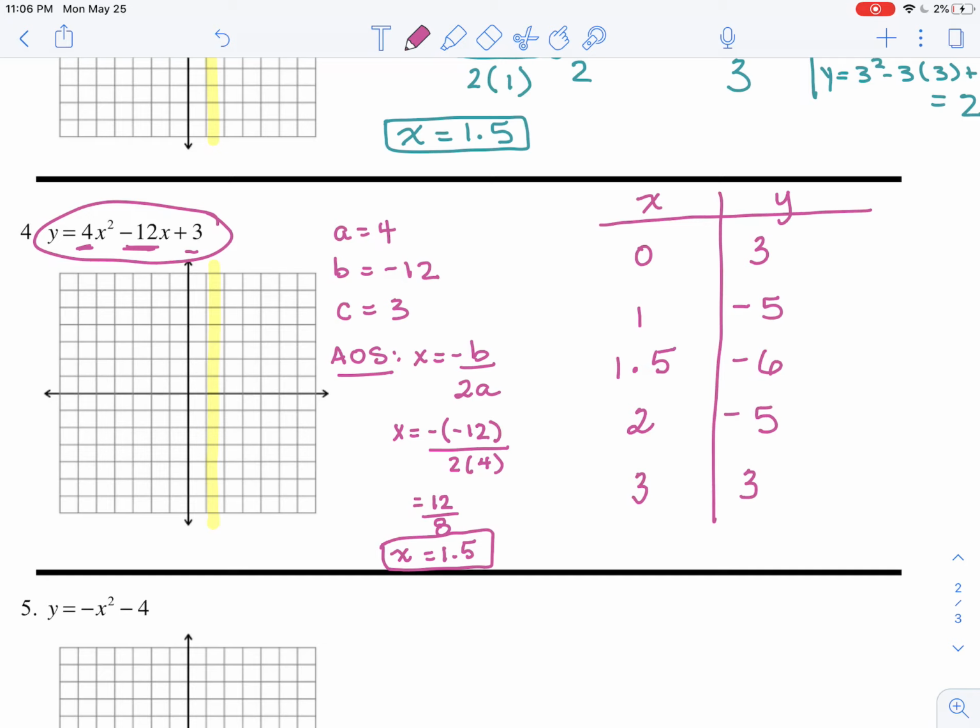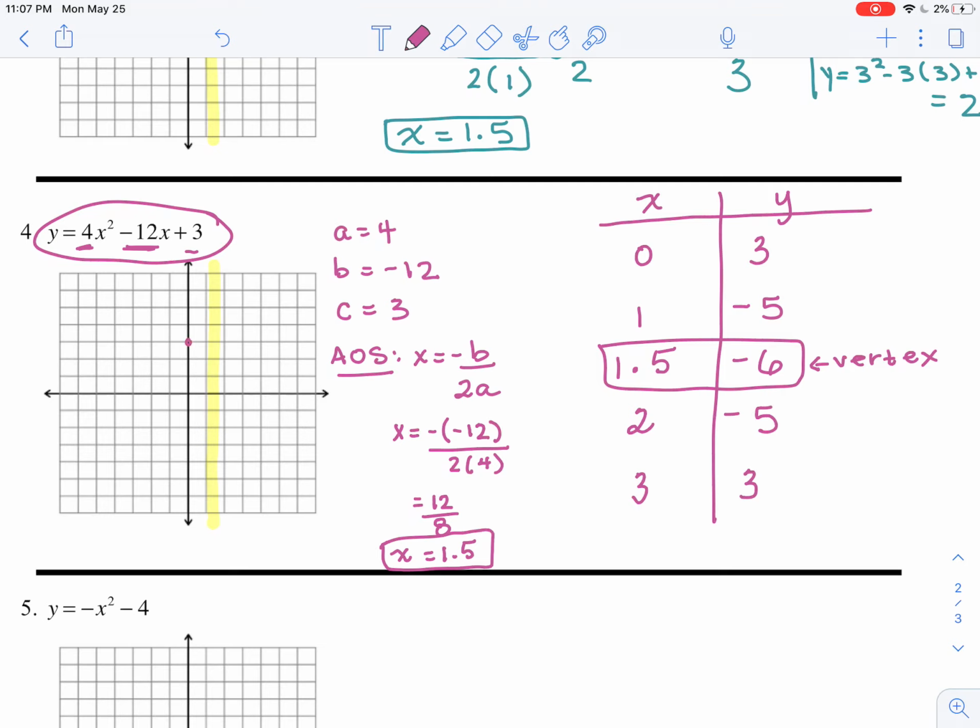And when x is 3, y is 3. Okay, remember that the middle point in my chart is always the vertex. And the y values surrounding the vertex should be symmetric, which they are. I have 3, negative 5, and then after the vertex, negative 5, 3.